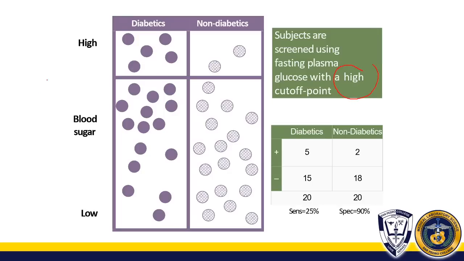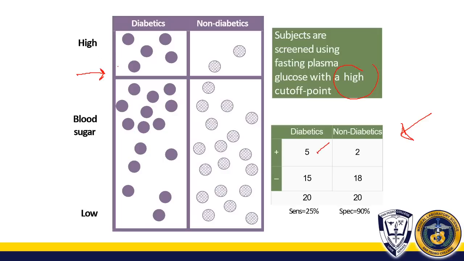As you can see, we placed it here at a higher cutoff point. When we make a 2 by 2 table, this is the result. Here among the diabetics, the true positives, those having diabetes and testing positive at your cutoff, there are 5.